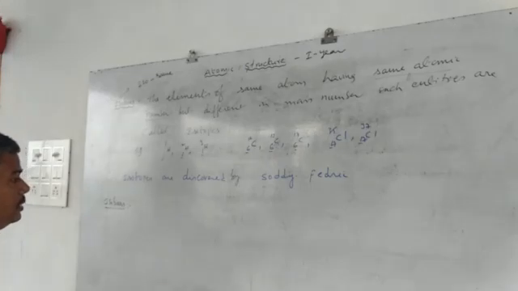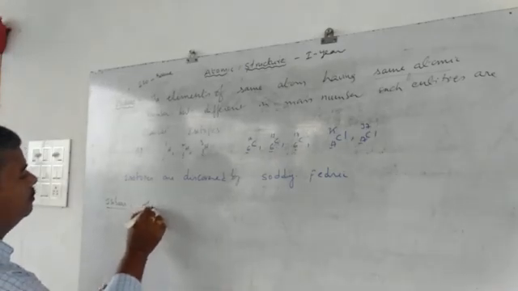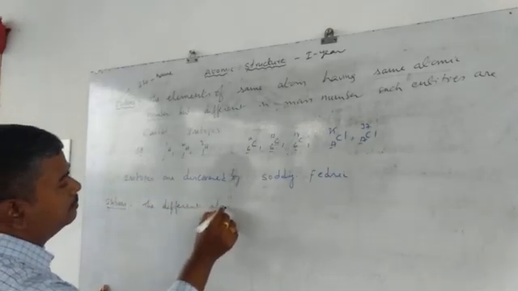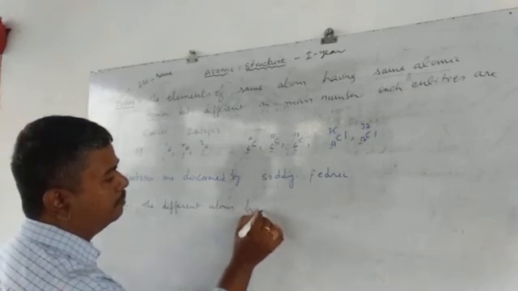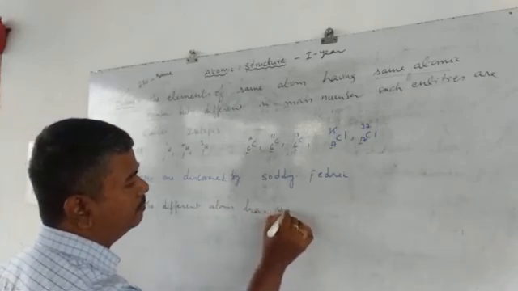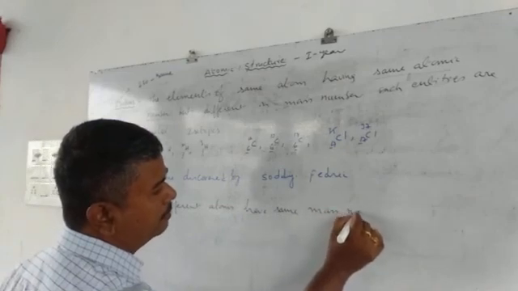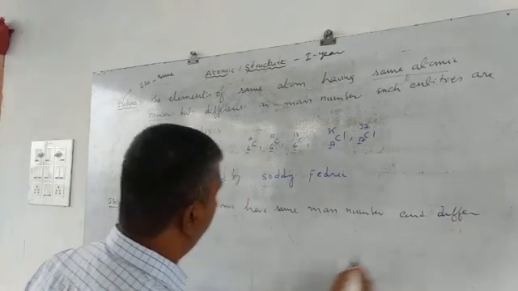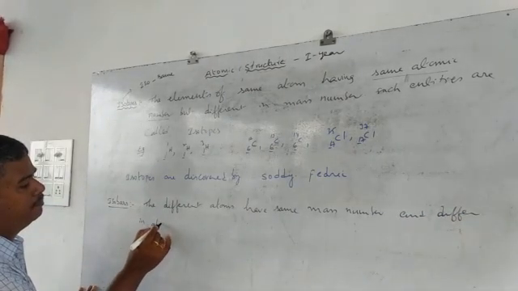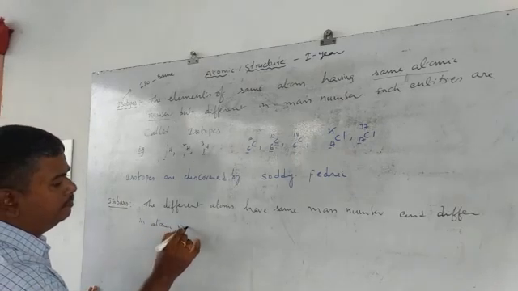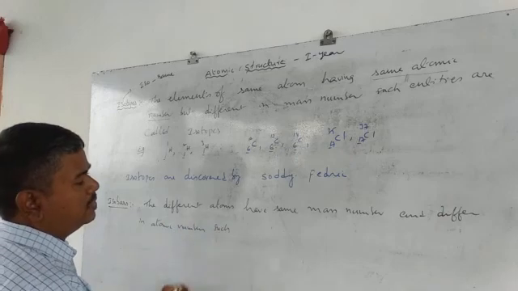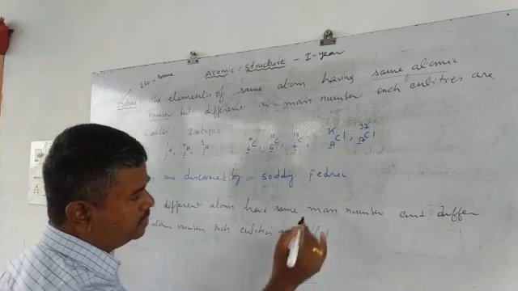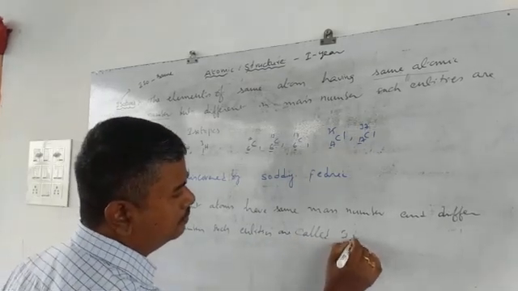So the different atoms have the same mass number and differ in atomic numbers. Such entities are called which one? Isobars.